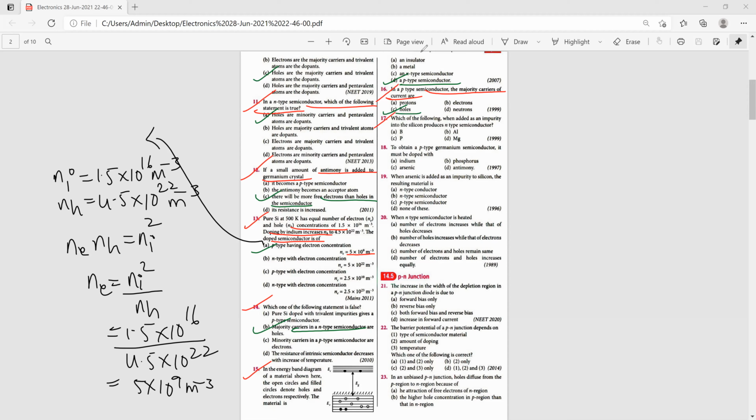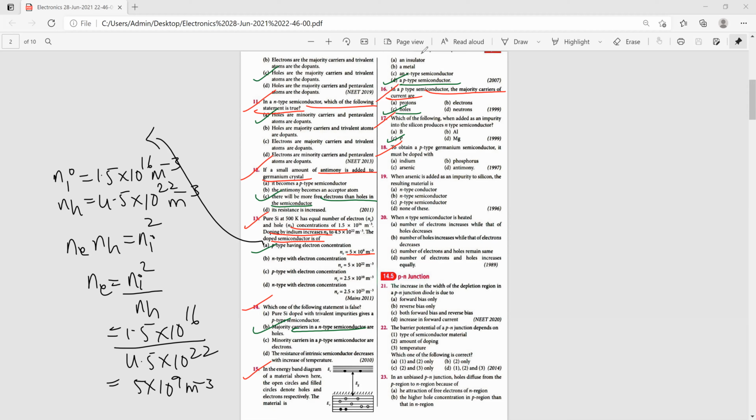17th one, which of the following when added as an impurity into silicon produces n-type semiconductor? B, P, Al and Mg they have given. So here phosphorus is pentavalent. Therefore, this one is the right answer. P is nothing but phosphorus. 18th one, to obtain p-type germanium semiconductor, it must be doped with indium, phosphorus, arsenic or antimony.